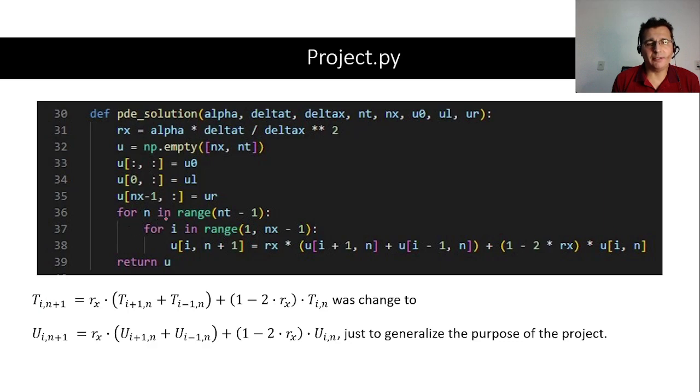So for n in range of nt minus 1, because nt passes the u size, and for i in range of 1 to nx minus 1, so it skips position 0, it gets just the middle points and solves this problem.